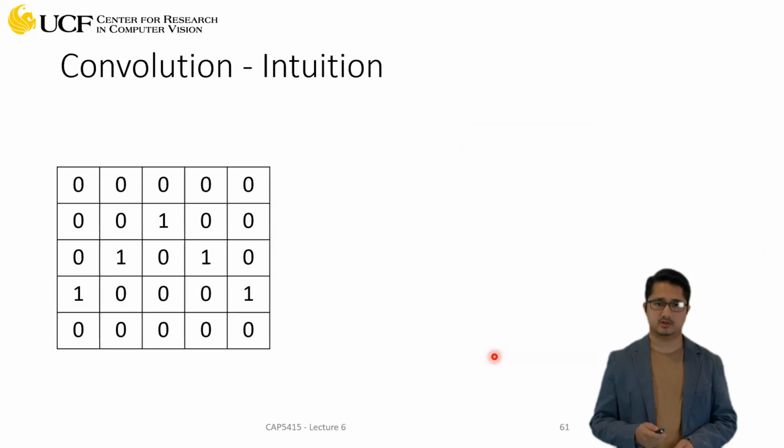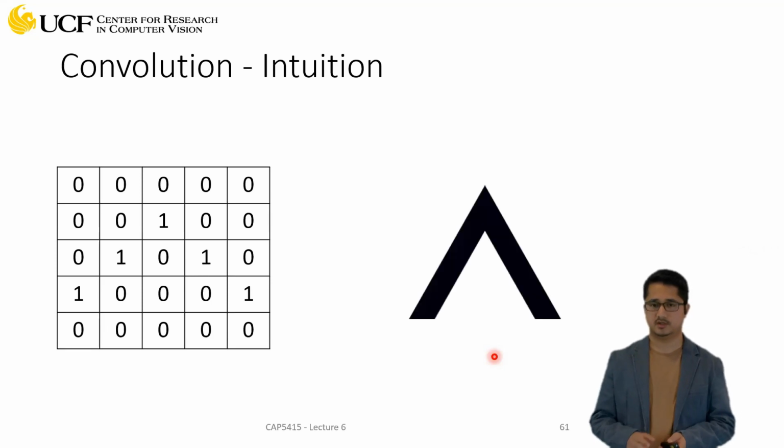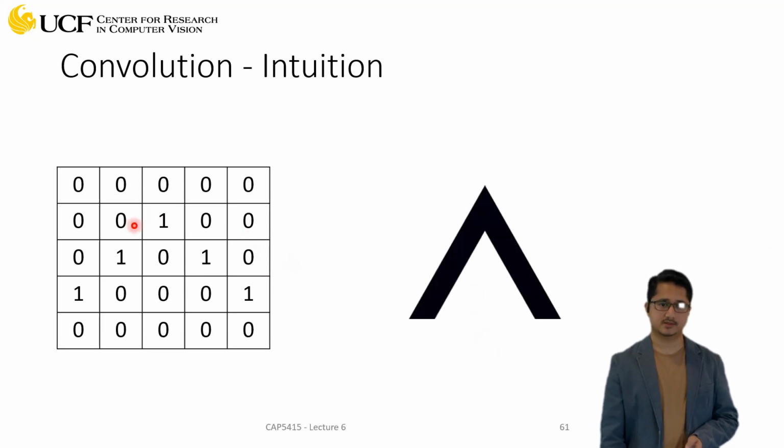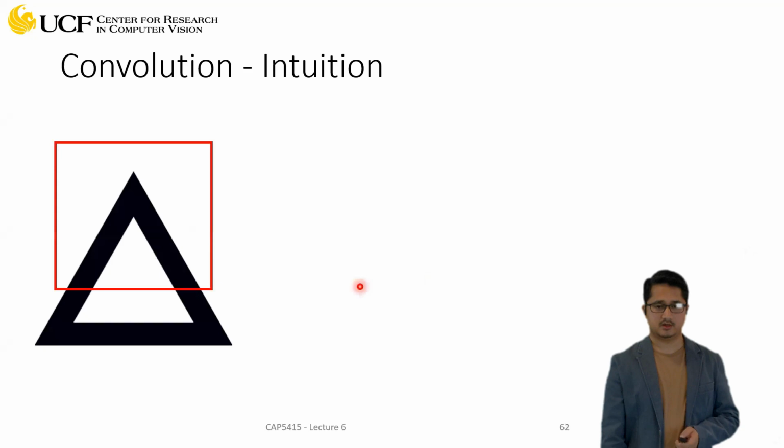Okay, so let's try to look at it with a more intuitive example. For example, if this is some kind of activation map, and you try to visualize this, we have activity in this region, right? And this shape looks something like this. Now, if this is your input image, the triangle shape, and let's say we are interested in this location.